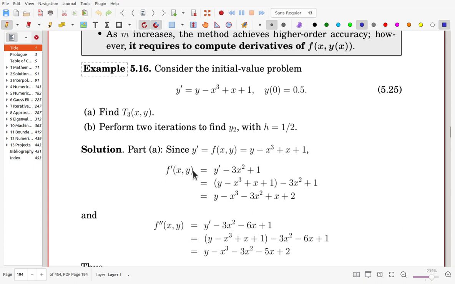For part A, y prime is given in this way, so that here the f prime derivative is y prime and 3 minus 3x squared plus 1, and y prime is again these terms, so we replace y prime and simplify.